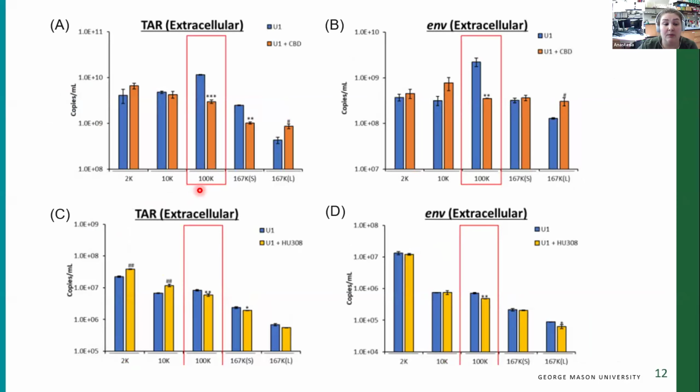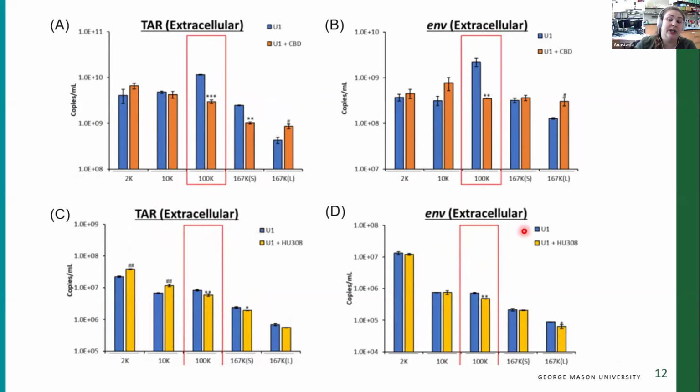The viral RNA was also observed, and what we could see is that with our TAR and ENV for our CBD treatment, the decrease was in that 100K, or the classical exosome. And similarly for our HU308, there was a decrease in the TAR and ENV in the 100K.